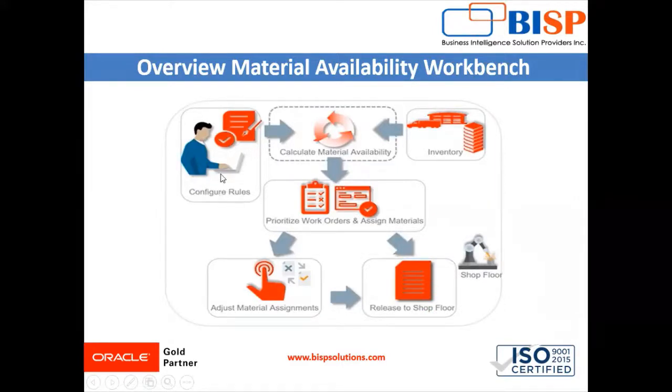So first we have to configure the material availability rules in our application, right? Now we have to initiate a background process. Background process means that it calculates the material availability. In our inventory we have to maintain the on-hand quantity of the material, right?